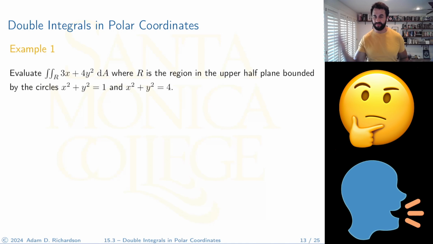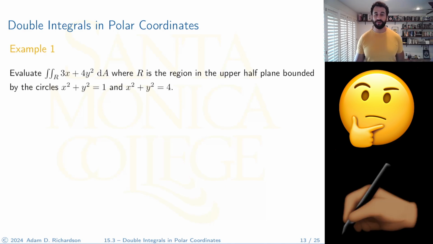Give your brain that feedback to help you organize your thoughts. Maybe what would you try first? Okay, now try to work it out on your own using polar coordinates, using integration, and then we'll do it together. I want to emphasize, do not use a basic geometric argument for this. Use the integral, and we'll verify it using a geometric argument.